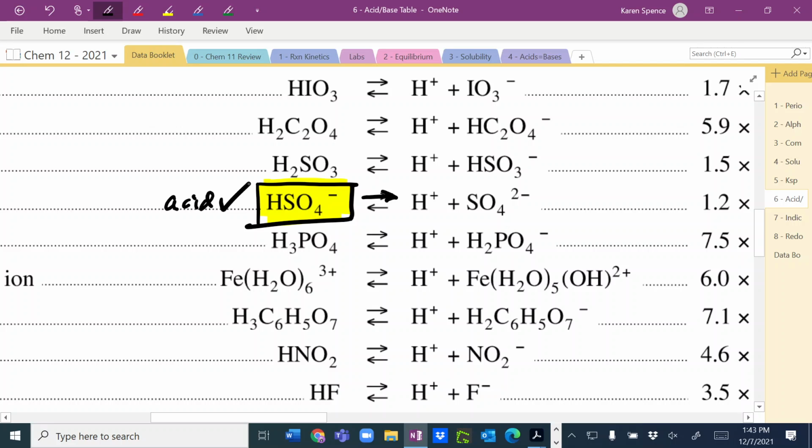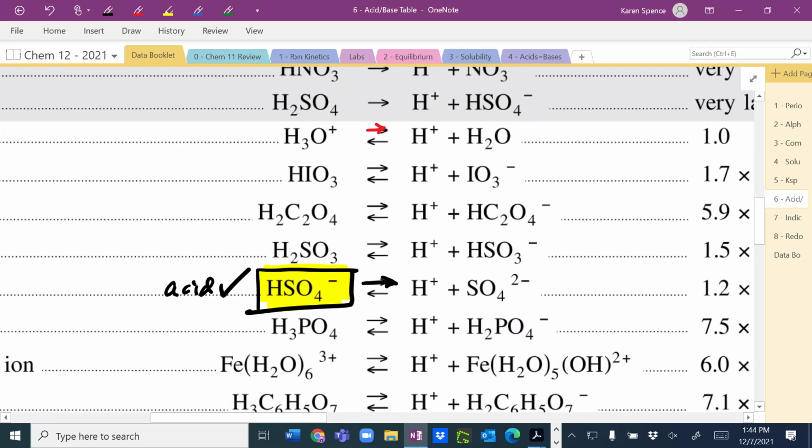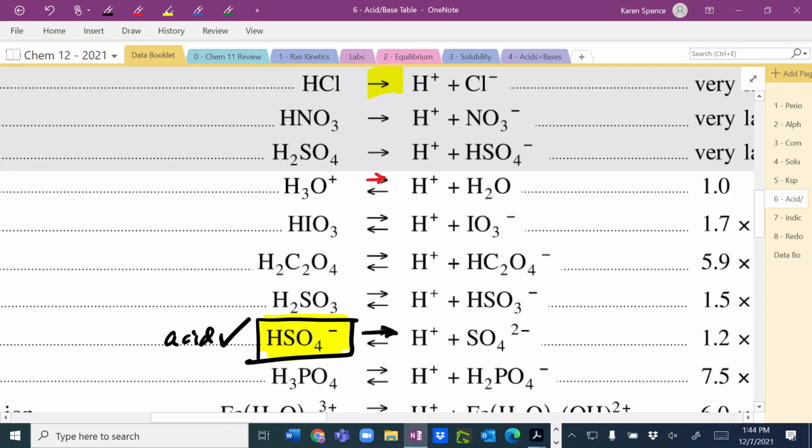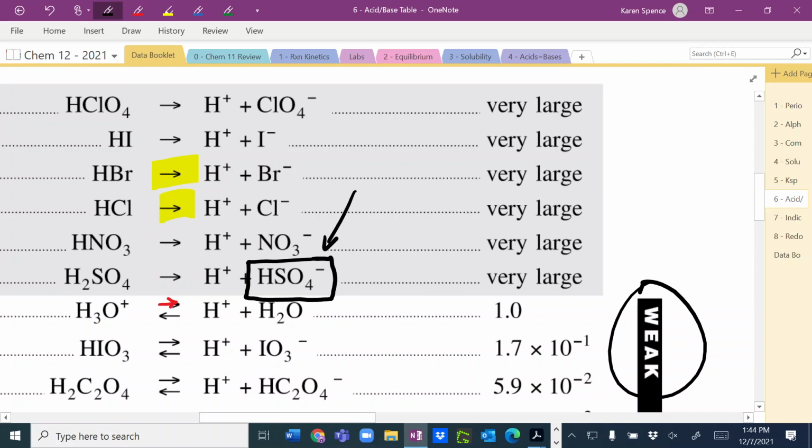Can you find HSO4 minus on the other side? Right up here, yes indeed. It is on the base side, but remember, what do we know about these guys here? They are too weak to act as bases from here to here.